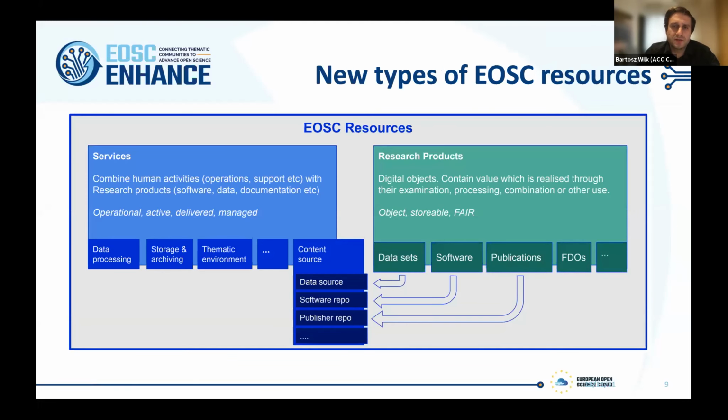As I mentioned, the new types of resources are the background behind many of the activities that will be noticed by researchers. So datasets, software, publications will be attached to services and also available with some new user interfaces.